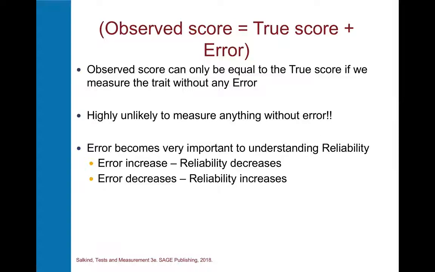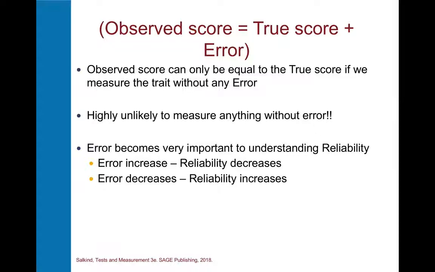And it's important to note that the observed score can only be equal to the true score if we measure the trait without any error. But unfortunately, it's highly unlikely that we can measure anything without error. And so, an implication of this conceptualization of reliability is that error becomes a very important thing to understand if you want to get a good hand on reliability.